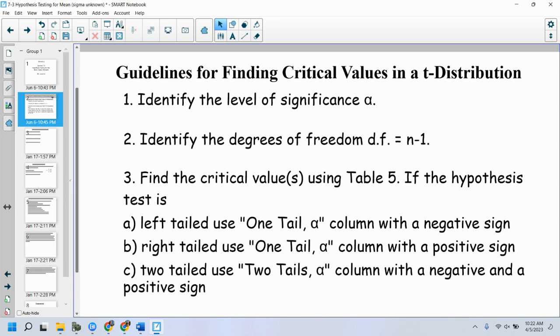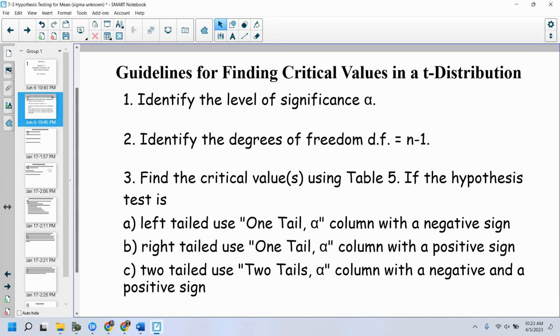Because it's going to be equivalent on either side. These bell curves are always symmetrical. So if you wanted the left tail, use the negative version of that t-score. If you want the right tail, use the positive version of that t-score. And then if you want a two-tail, well, you just got to use the two-tailed chart.